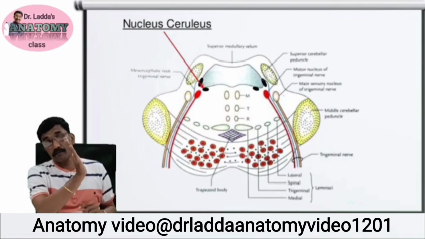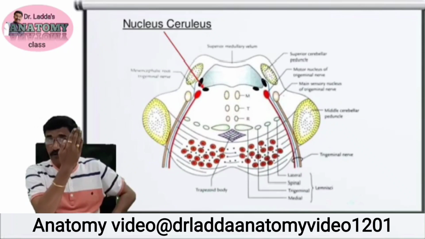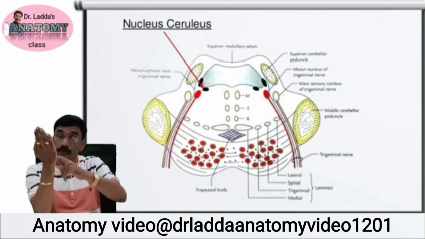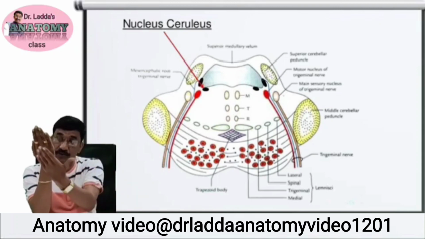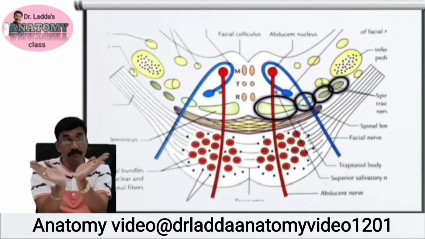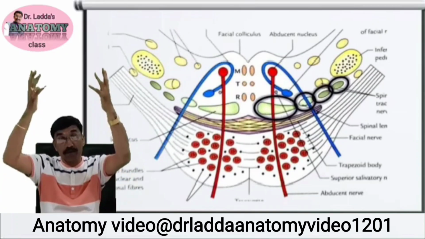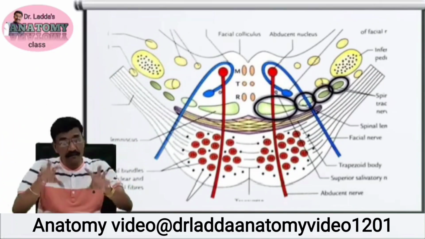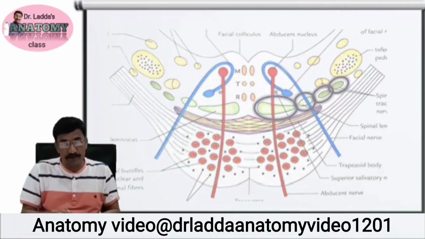Because if I am putting the brainstem in this way, as we know, brainstem is not upright straight. It is oblique. In this oblique direction, this is the base and this is the upper part. Now this base is broad, and the fibers which are coming from the cortex remain scattered within the base.